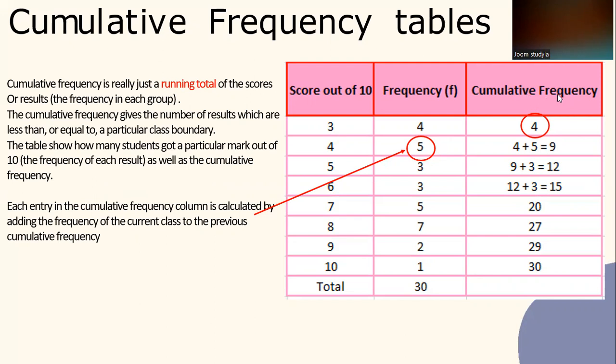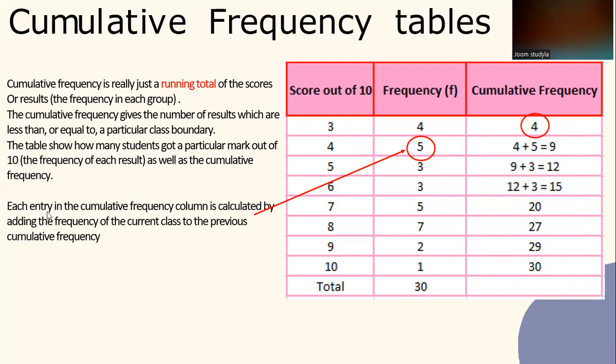To get the cumulative frequency, 4 plus 5, you get 9. 9 plus 3, you get 12. 12 plus 3, you get 15. 15 plus 5 equals 20. 20 plus 7 equals 27. 27 plus 2 becomes 29. 29 plus 1 equals 30. This is how you get the value for cumulative frequency.